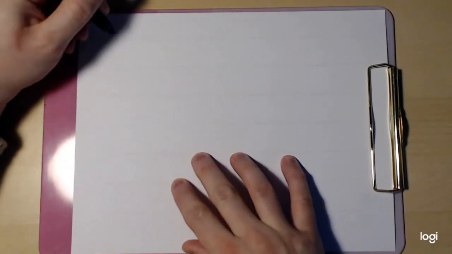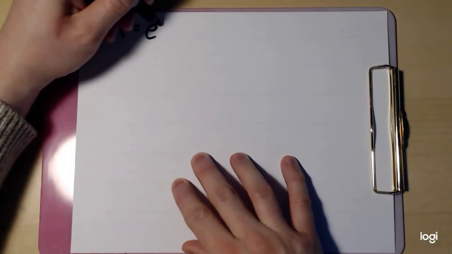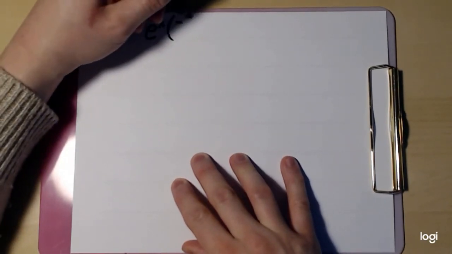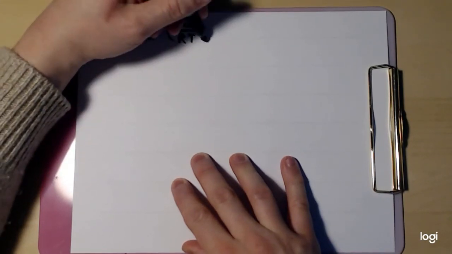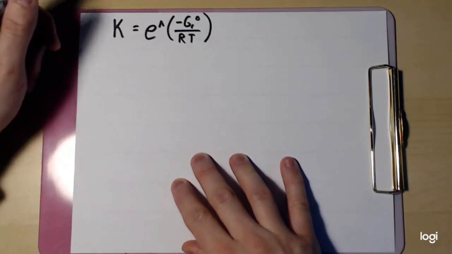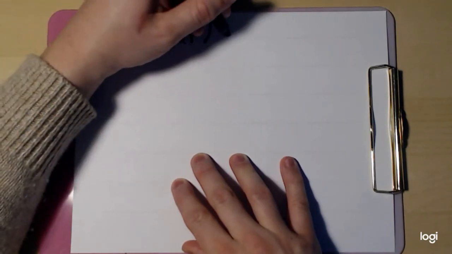Let's begin first by calculating K, the equilibrium constant, or in other words, the reaction quotient that must obtain when the system's at equilibrium. And again, that's e raised to the negative standard free energy of reaction over the gas constant times temperature. So let's just plug in the numbers that we know already.